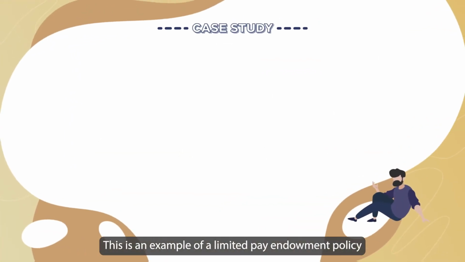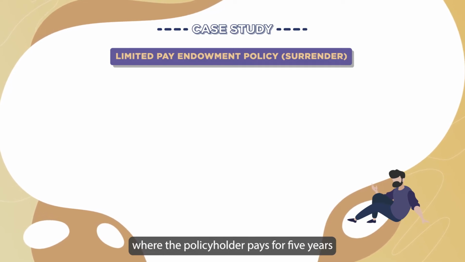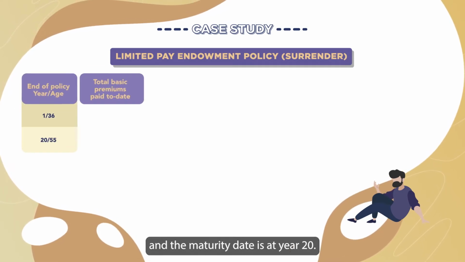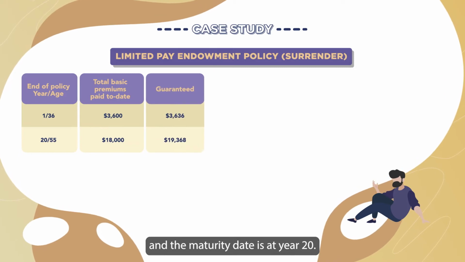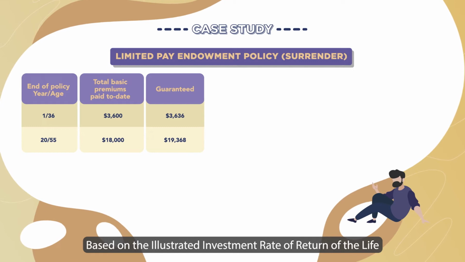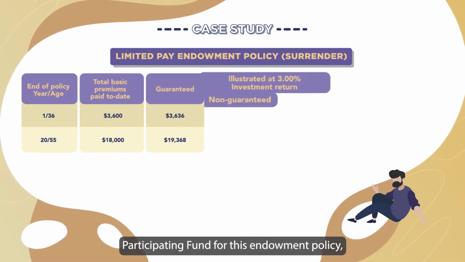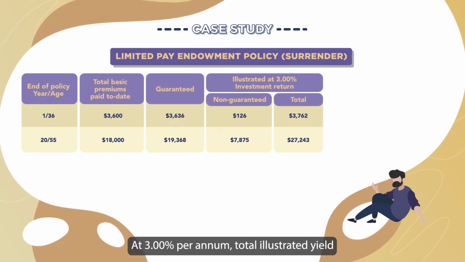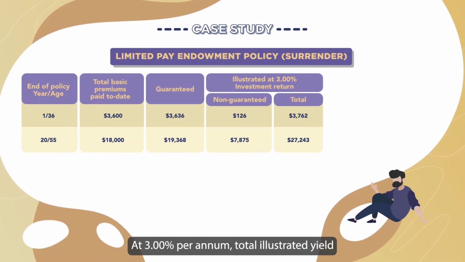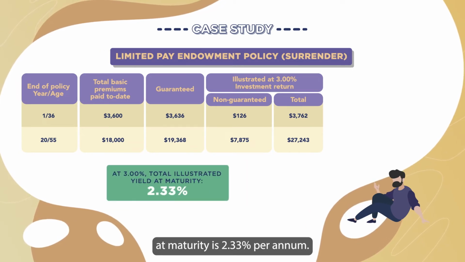This is an example of a limited pay endowment policy where the policyholder pays for 5 years and the maturity date is at year 20. Based on the illustrated investment rate of return of the life participating fund for this endowment policy, at 3.00% per annum, total illustrated yield at maturity is 2.33% per annum.